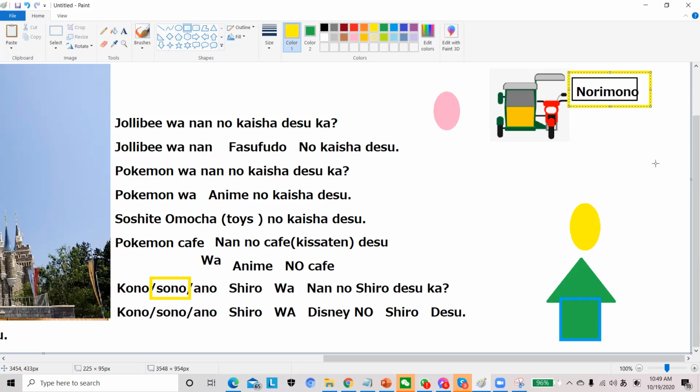Norimono wa, nan no norimono desu ka? Very good. Yoku dekimashita. Moichido, one more. その乗り物は何の乗り物ですか？ Moichido. One more. What particle did you use?